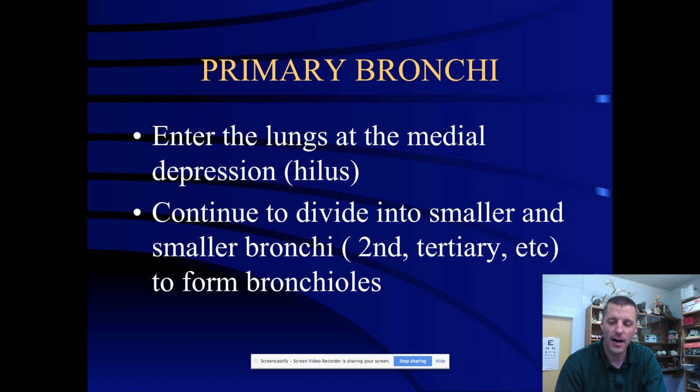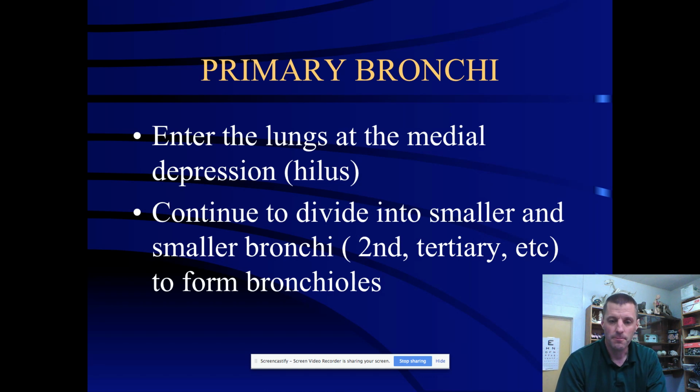They continue to divide into smaller and smaller bronchi. So you'd have primary bronchi, and then those branch into secondary bronchi, and then those branch into more branches, which are called tertiary, and you could have quaternary branches and so on. And eventually they form what are called bronchioles, which are the smallest branches.